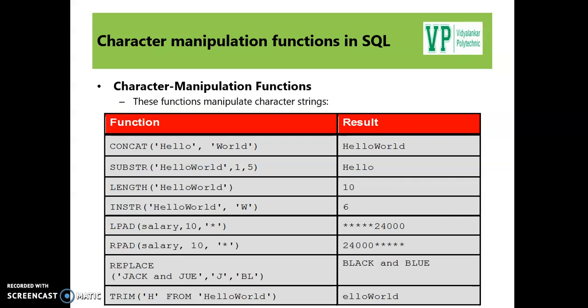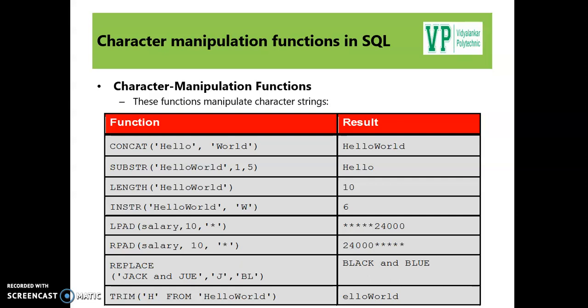So here I have taken one word, hello world, and the next input is 1 and the second input is 5. It means the first argument is the input where we want to apply this function, and 1 is the starting index and 5 is the ending index.